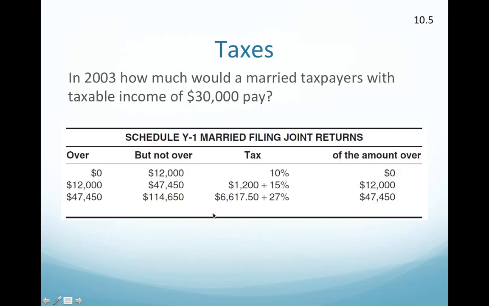I will give you some help with this problem. Income of 30,000 is in between 12,000 and 47,450. That's going to give you a framework to work with.